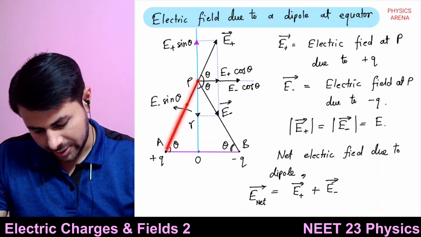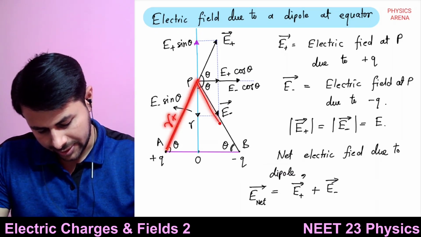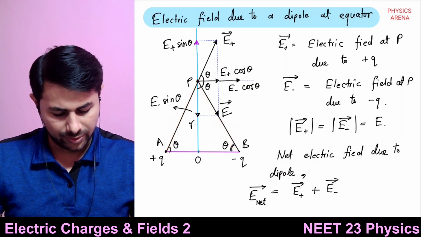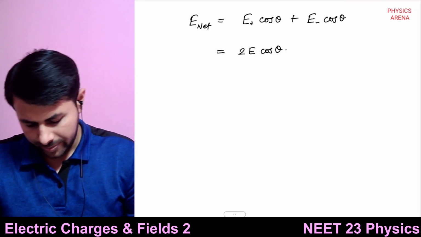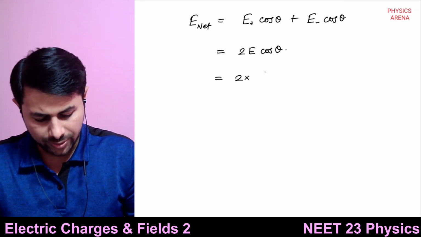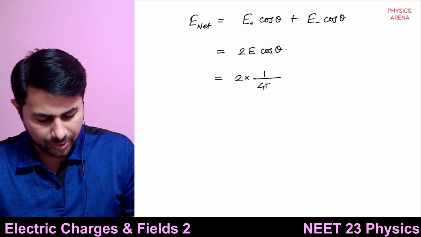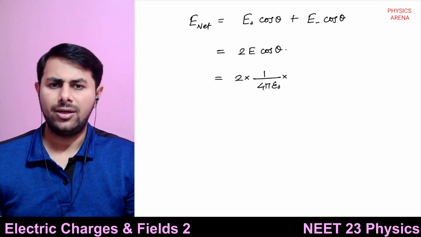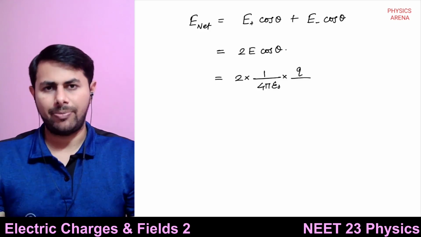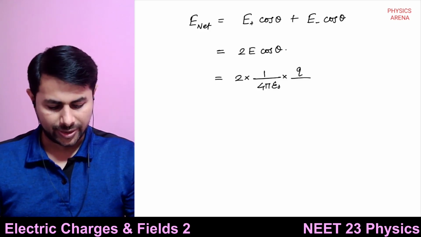Let's suppose this distance is R plus, and this distance is R minus. So R plus is equal to R minus. I can write that the net field is 2 times E, where E is equal to 1 upon 4 pi epsilon naught multiplied by Q divided by R plus square, or R minus square.